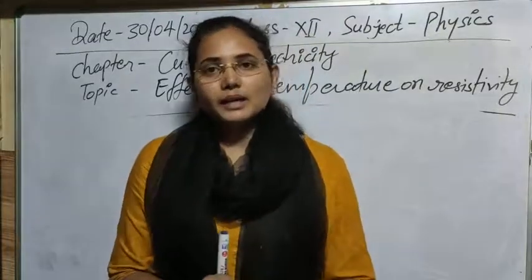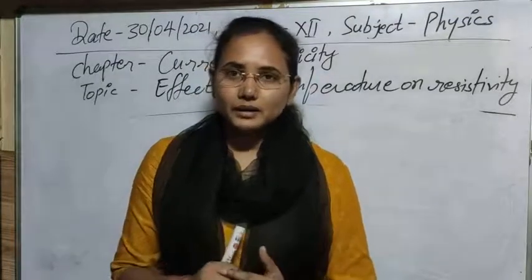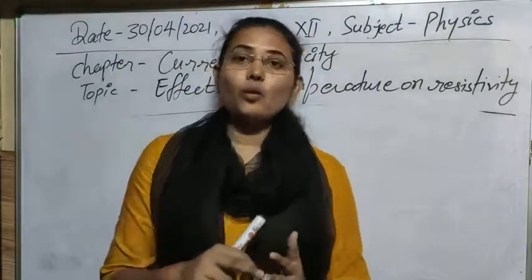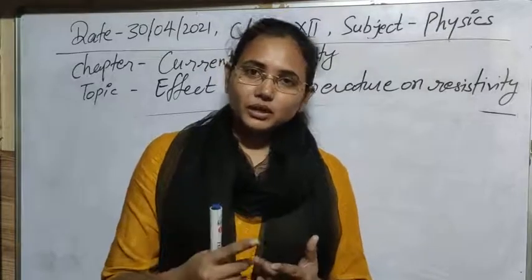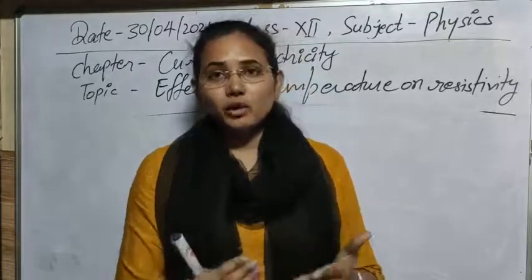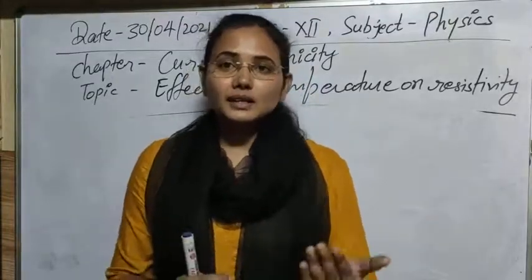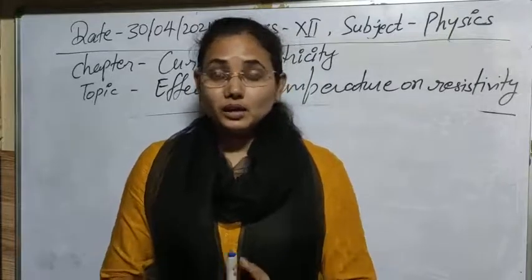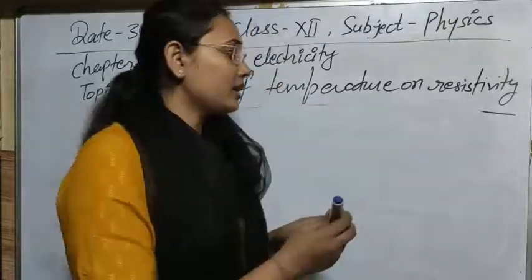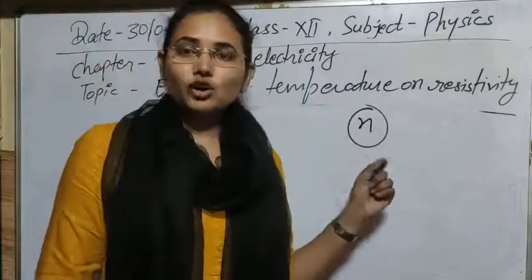So if we increase the temperature here, then the system will first utilize this thermal energy to break the covalent bonds. It means that covalent bonds are breaking, and obviously the number of charge carriers is increasing due to the breakage of covalent bonds. So the first thing that is changing due to temperature is the number density, meaning electrons per unit volume.